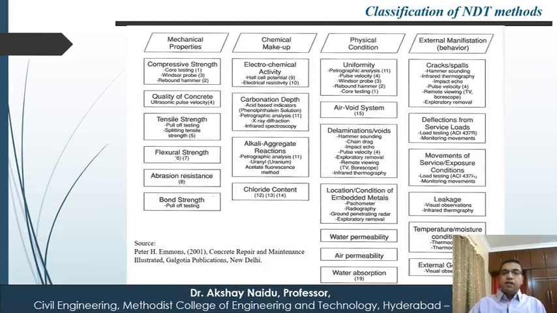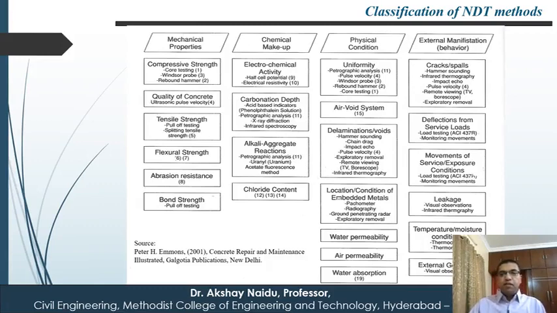Flexural strength determination generally is based on a flexural testing machine. That's also a destructive test. So in determining mechanical properties, mostly we have to deal with destructive and partially destructive tests, but there are a few non-destructive tests like Windsor probe, rebound hammer, and ultrasonic pulse velocity test.